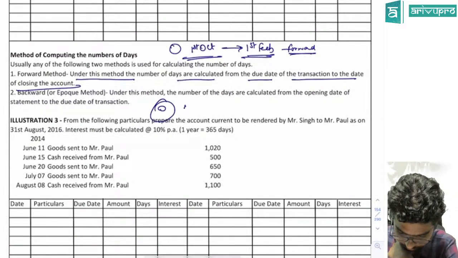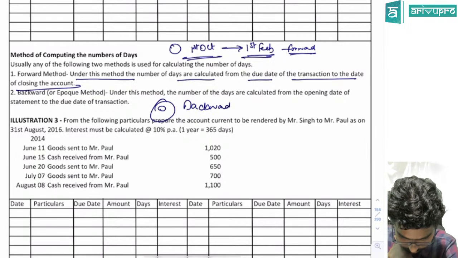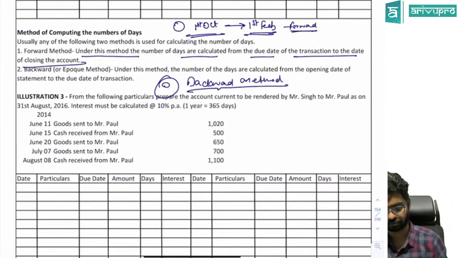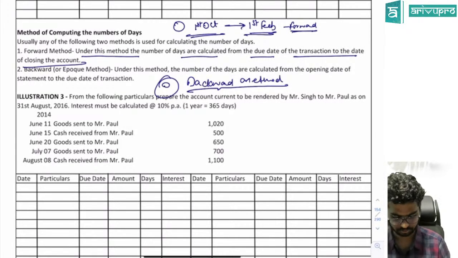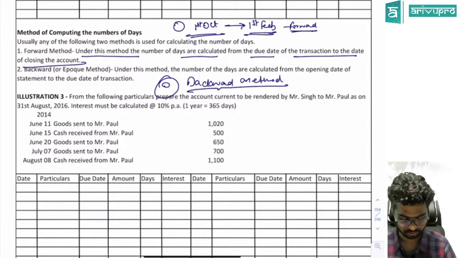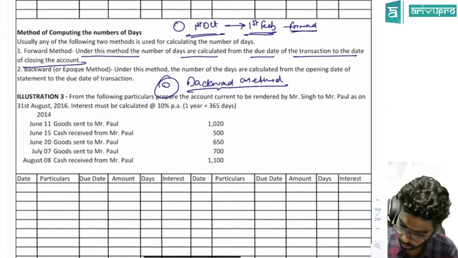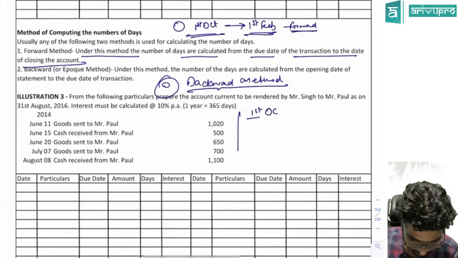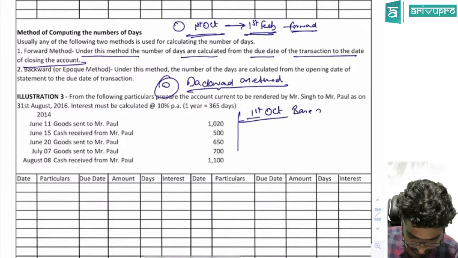Under the backward method, what you do is, for every transaction you will be taking it from the 1st October as the base date.